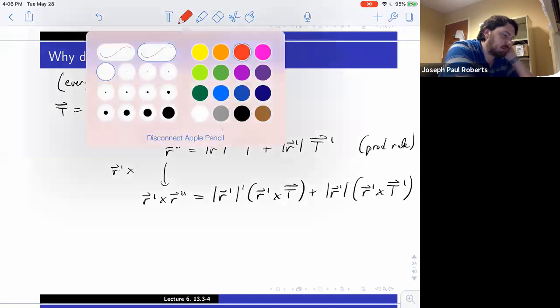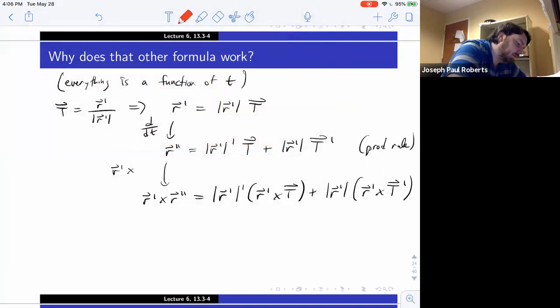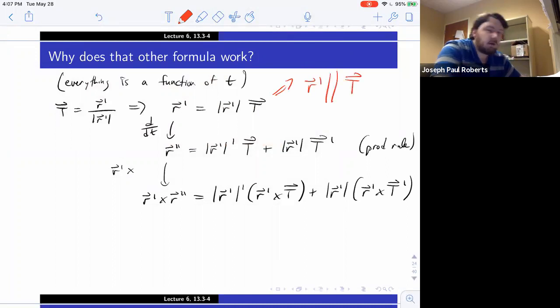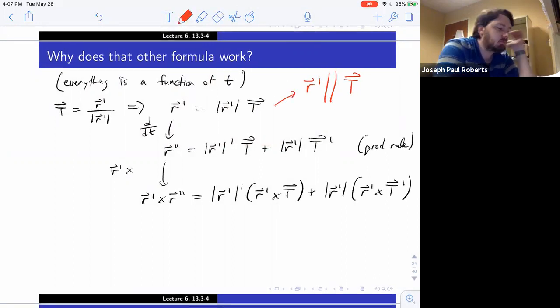And so now let's get creative with some colors. r prime is the tangent vector. T is the unit tangent vector. These are parallel vectors, right? They're parallel vectors, which means that when I take the cross product of them, that's 0.